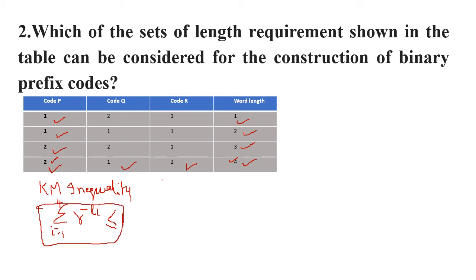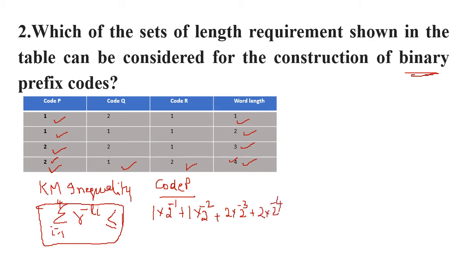Next we'll see the prefix property for code P first. So we'll try to write it in an equation. You have one code word of length 1, with 2 here because r is equal to 2, since it is given as a binary code word. Next, one more code word of length 2 as per the table, plus two code words of length 3 and two code words of length 4.